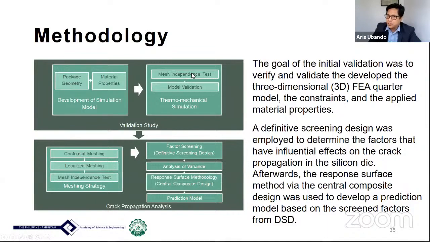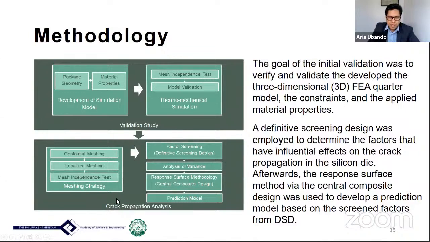We try to ensure that the meshing is appropriate for the simulation and have done some initial testing of the mesh. Then we do a model validation against an existing experimental study and a computational study. We try to replicate that just to gain confidence in the simulation. Then after the validation study, we do the crack propagation analysis.